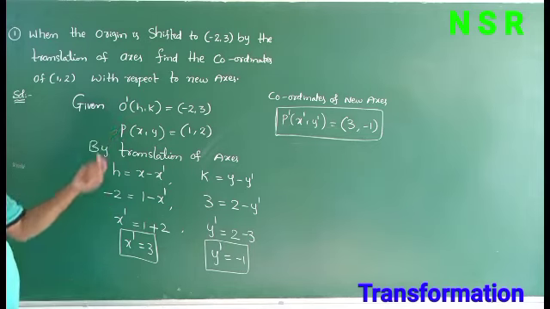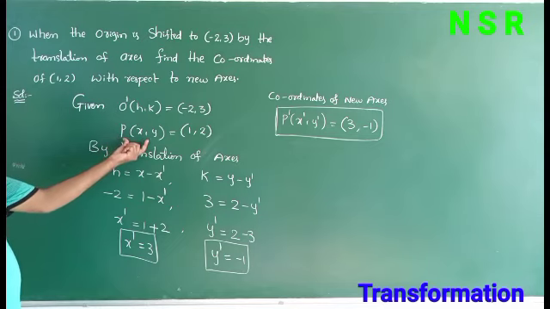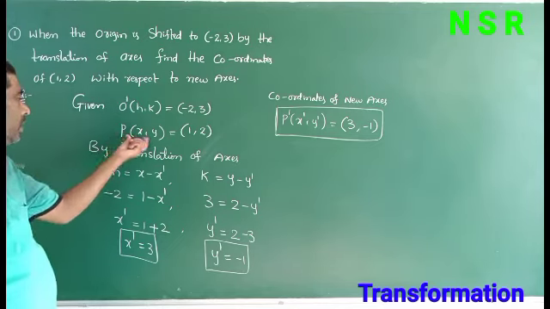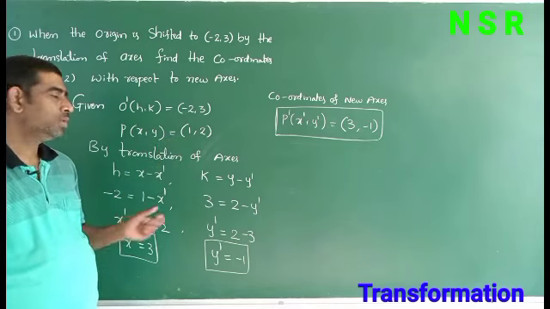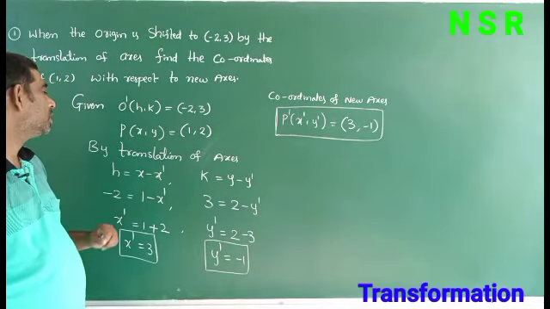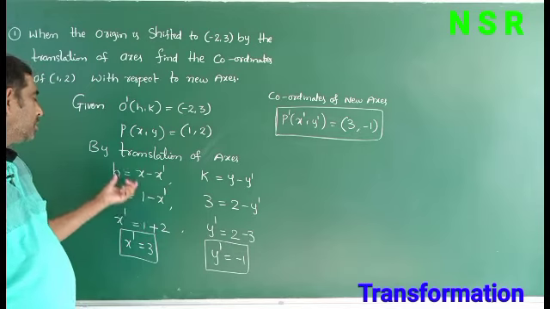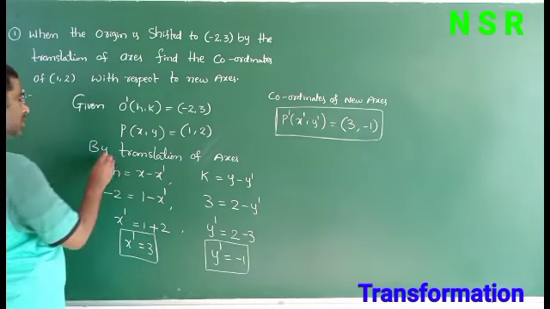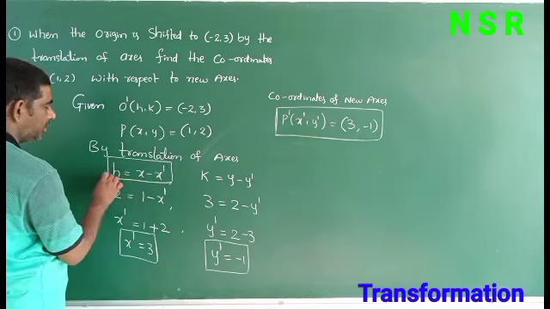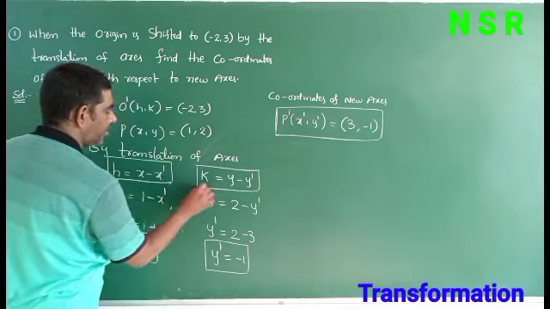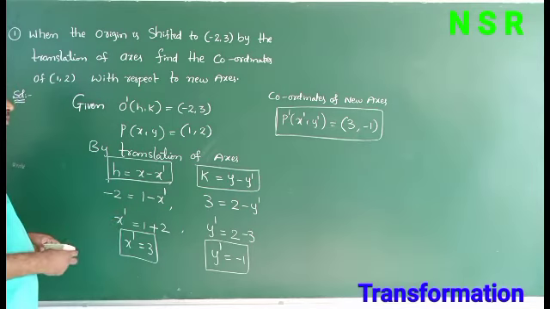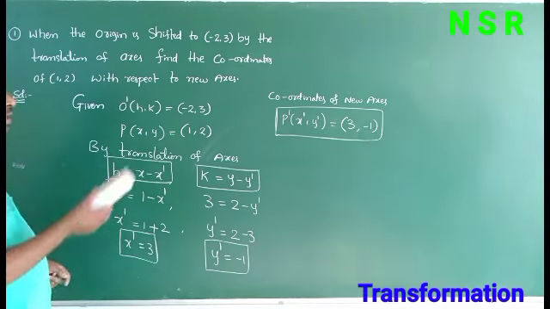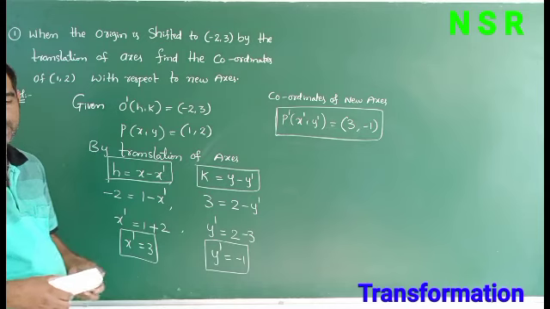So in our question, given the origin shifted point and the coordinates of the original axis, that is P x comma y, 1 comma 2. We already have a formula for translation of axis, that is h is equal to x minus x dash and k equal to y minus y dash. So using this formula, substitute these values, we get the coordinates of the new axis.